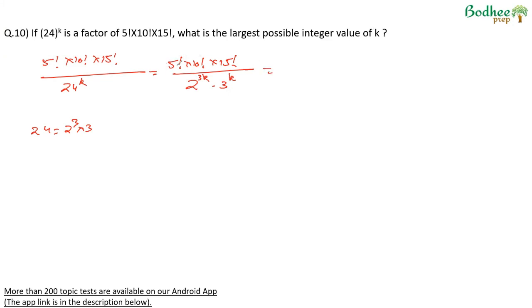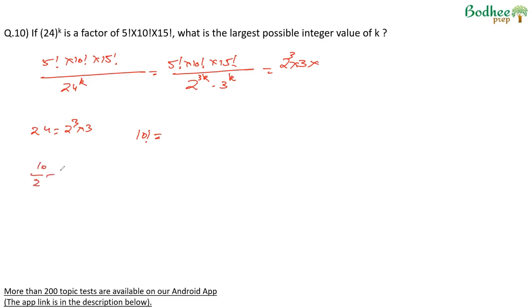We look at the powers of 3 and 2 in 5 factorial, 10 factorial, 15 factorial. 5 factorial has 2 as 2 raised to power 1, 2 and 4, so 2 cube into 3 into whatever is left. So 10 factorial will have power of 2 as 2, 4, 6, 8, 10, so basically 8.